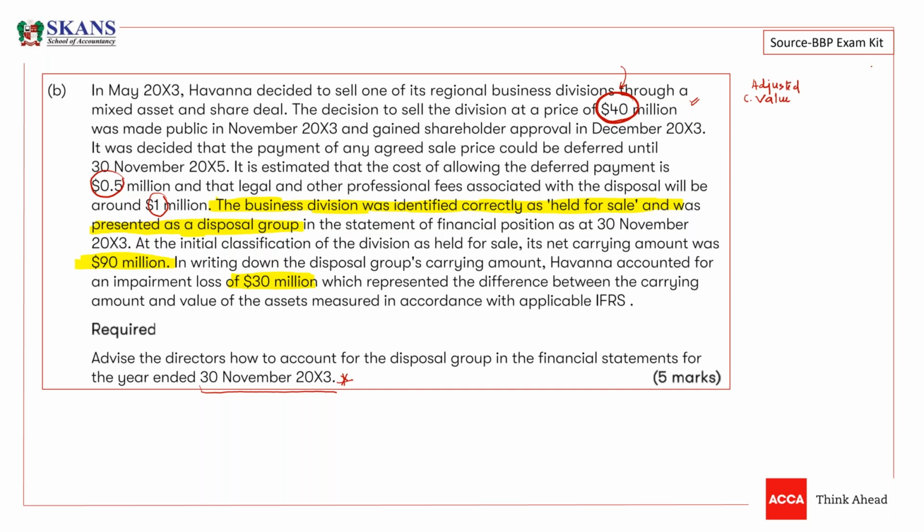The value was 90 million. If there is an impairment loss of 30, we need to book it. This will give us an adjusted carrying value of 60. So 60 million is the adjusted carrying value. And you have to write that initially you need to adjust the carrying value of assets held for sale as per the previous standards.